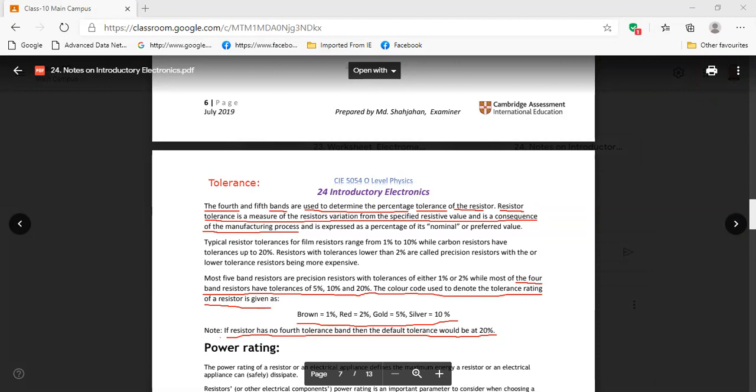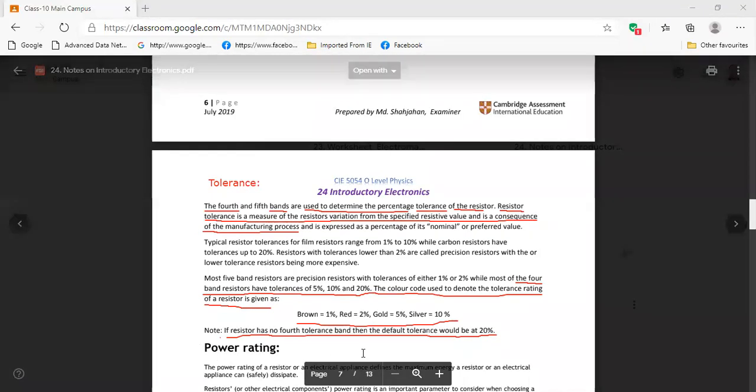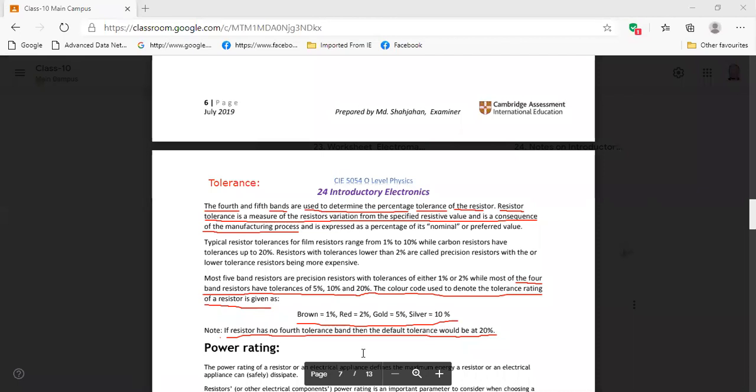Then we have the next one, power rating. You write the heading power rating, everyone. In your house, if you check any electrical appliance, then you will see the voltage written, 220 or 240, then current in amperes, and power is also written in some of the appliances.